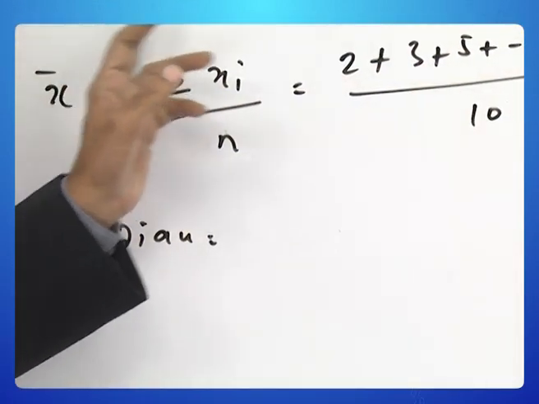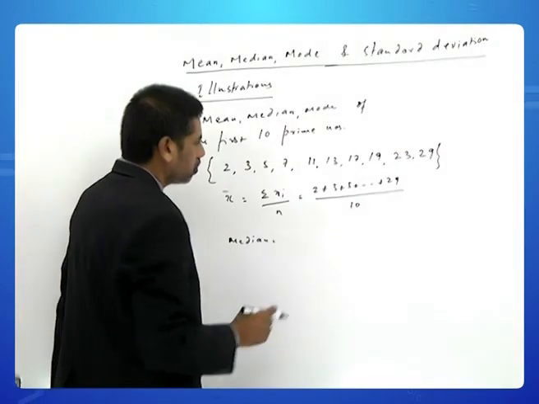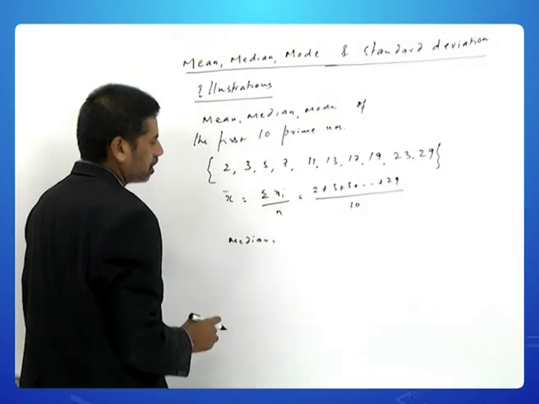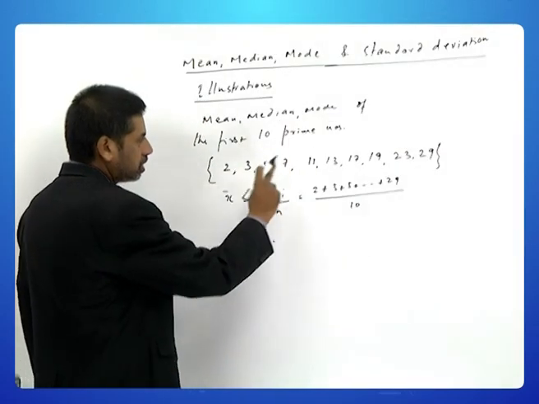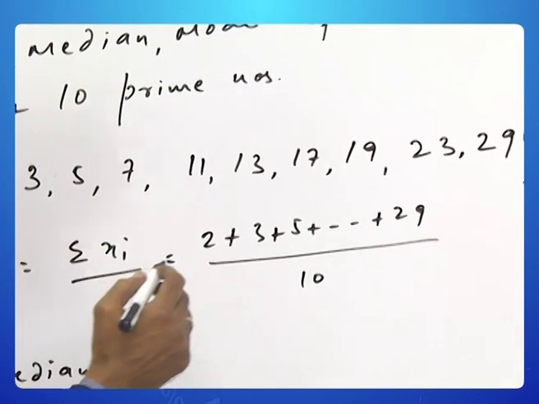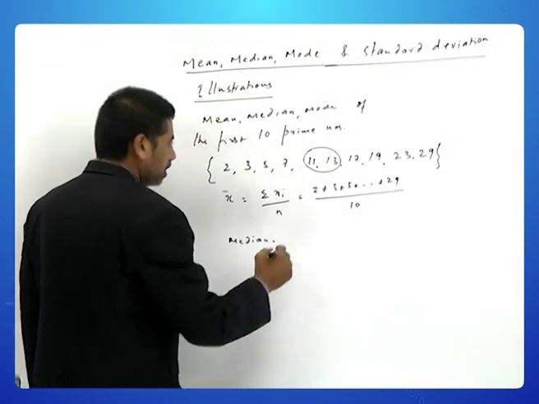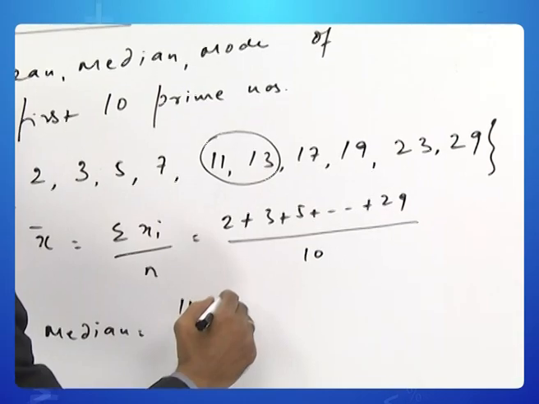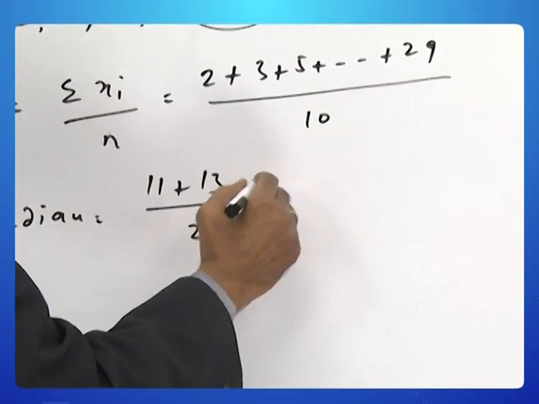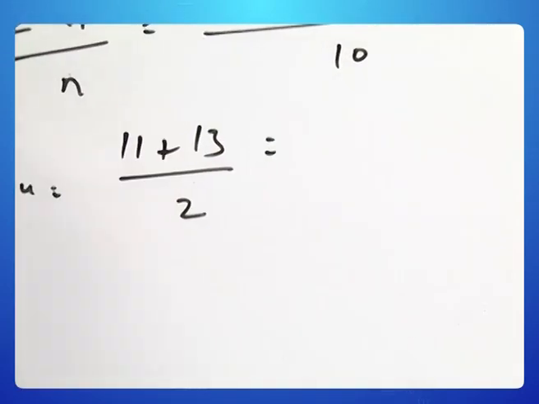You can already see it sorted in the ascending order. So, we want the center of the sorted data, but the problem is we have got 10 numbers. So, these are the two central values. So, the median will be the average of those two, 11 plus 13 by 2, and this will be 12.